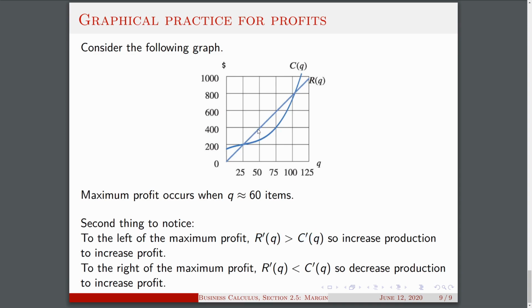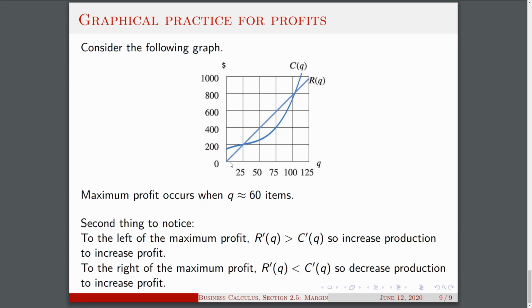Because if the revenue function is steeper than the cost function, that means profit is increasing, like this bit here. Actually, all of this bit here. Everything to the left of about this point here, see how the revenue function is steeper than the cost function? That means profit is increasing during this bit.